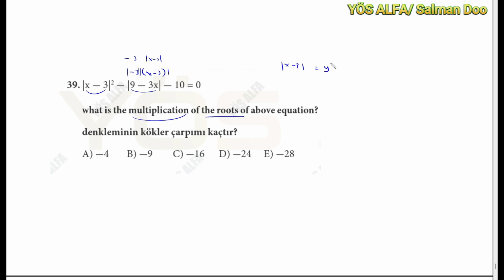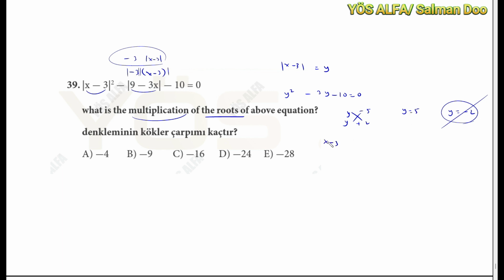So we have this equation, y squared minus 3y minus 10 is equal to 0. When we solve this, we have y is equal to 5 or y is equal to minus 2. Since y is an absolute value, the smallest possible value of y is 0. So negative is impossible. So we'll solve for y is equal to 5.